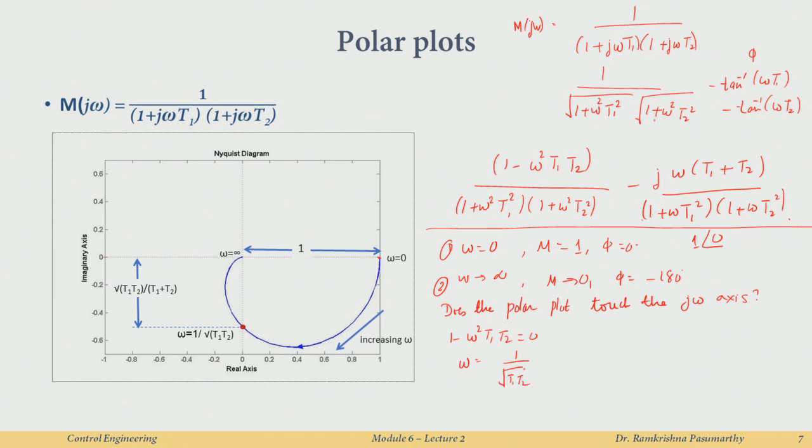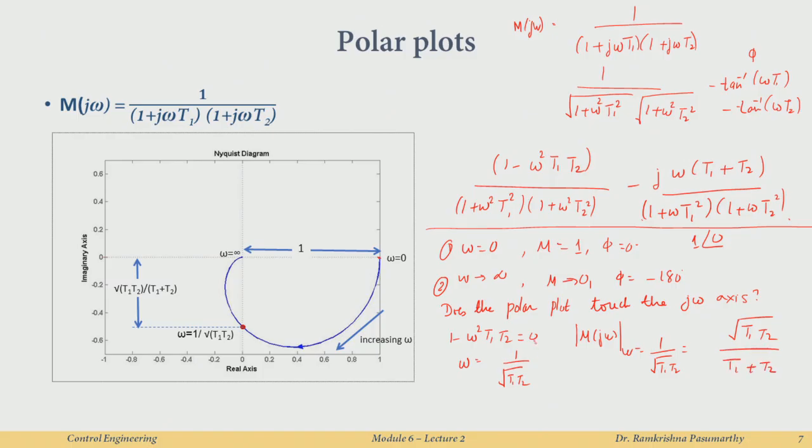You can then substitute omega, which is 1 over square root of T1 T2, and what you get is that the magnitude of M of j omega at omega equal to 1 over square root T1 T2 is simply square root of T1 T2 over T1 plus T2.